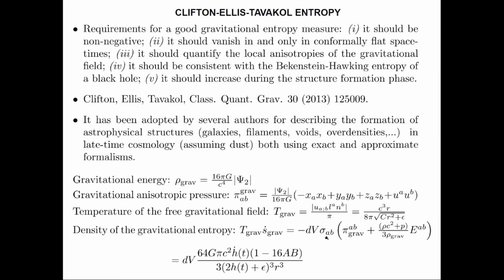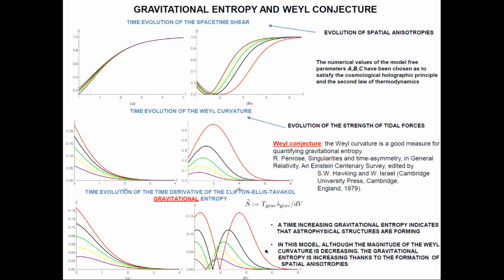So we have an exact solution in our hands. We apply this formalism and we get a nice formula. So let's see now what is the physics behind this formula.